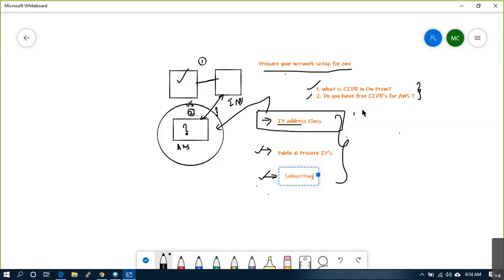How these things can be adopted, and how you want to utilize these IP addresses and Class A, B, or C, irrespective of what customer environment you're working on, how you can design these IP addresses and these VPCs for your customers. So it's more concentrated on network design. We'll start with the basics tomorrow, and then continue with the rest.